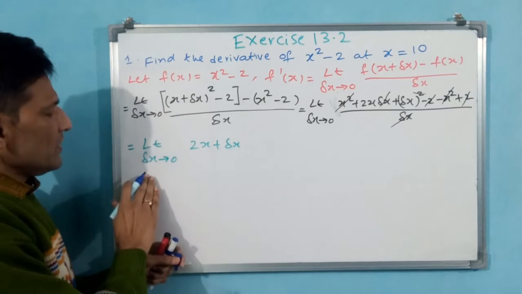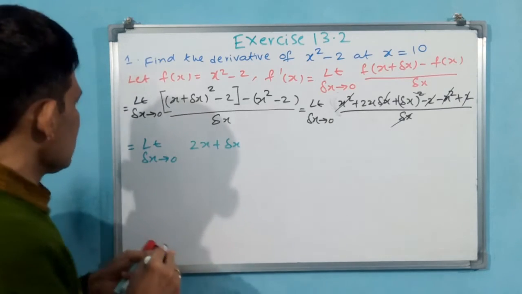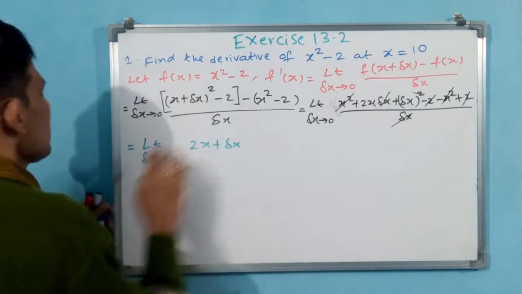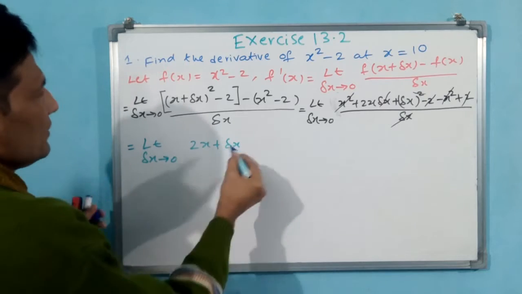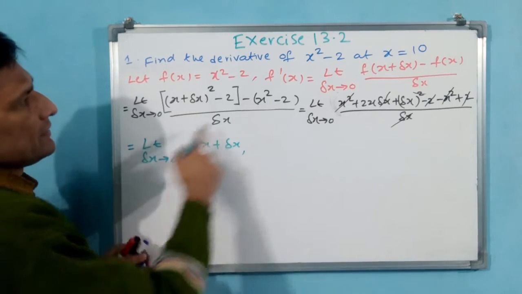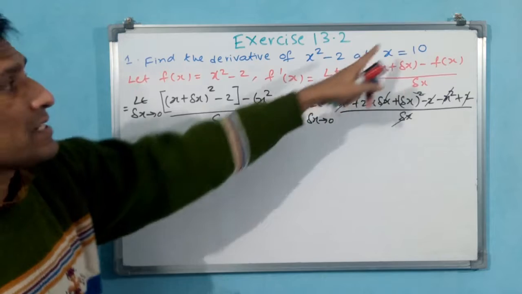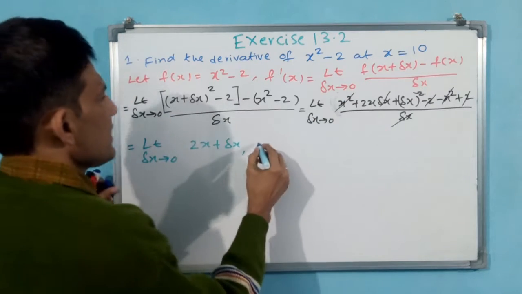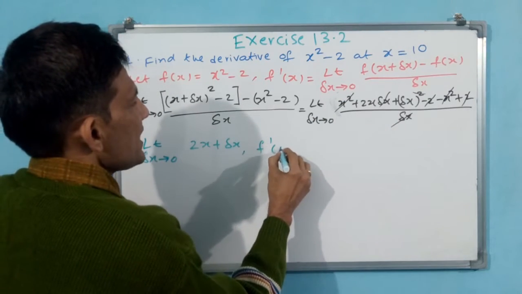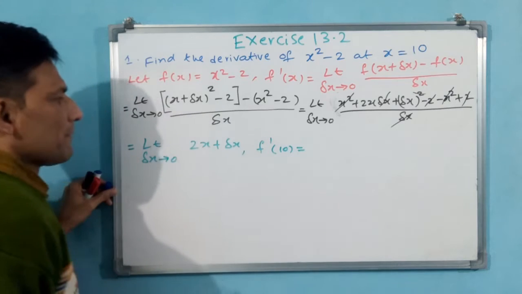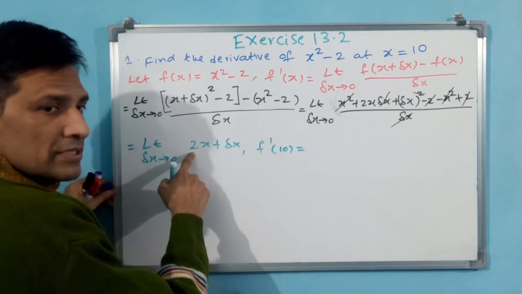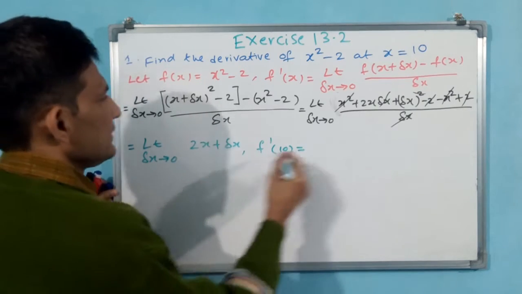Okay. See, this is what? This is f dash x, but we want f dash 10. Okay, write down. f dash 10 is equal to, you substitute 10 in place of x.